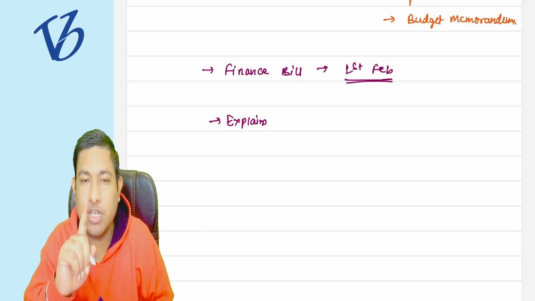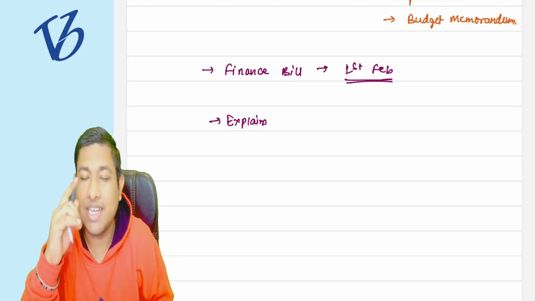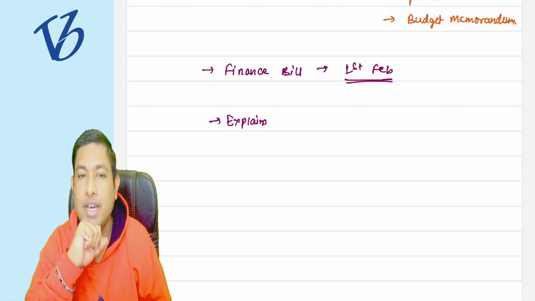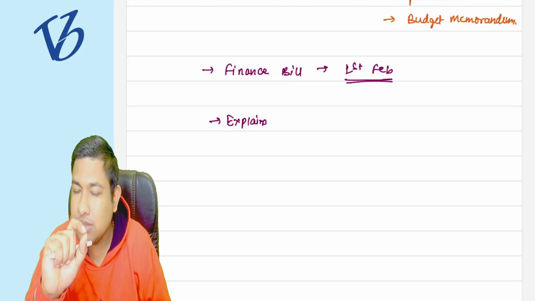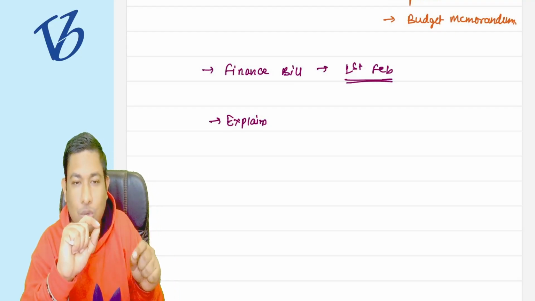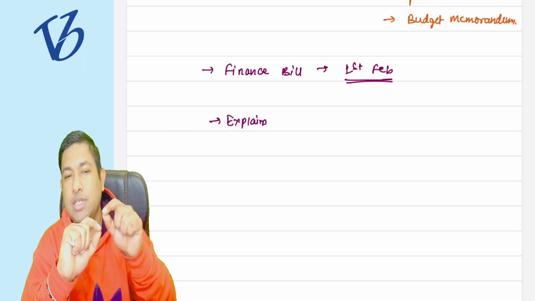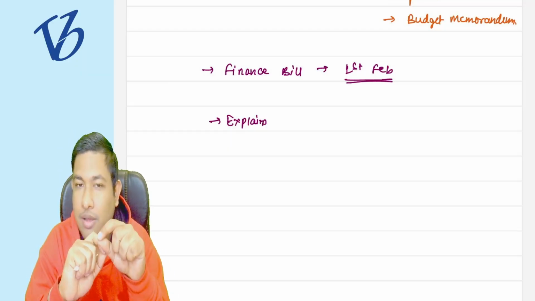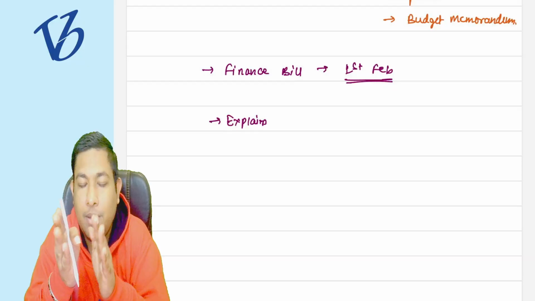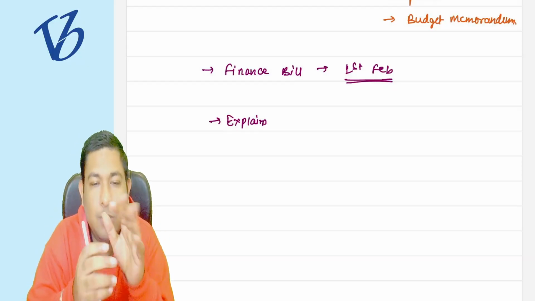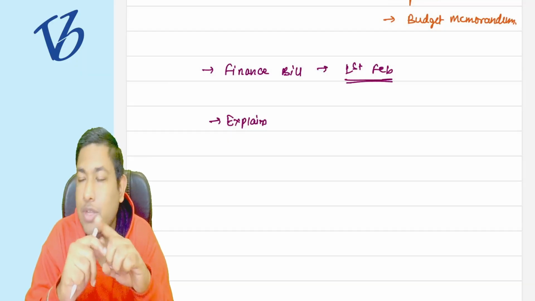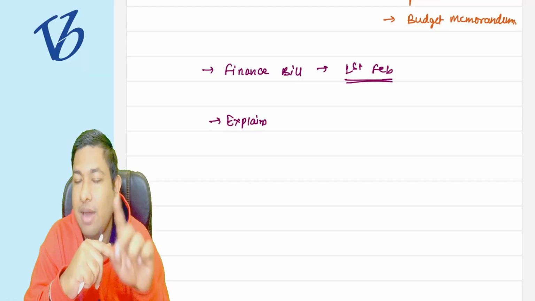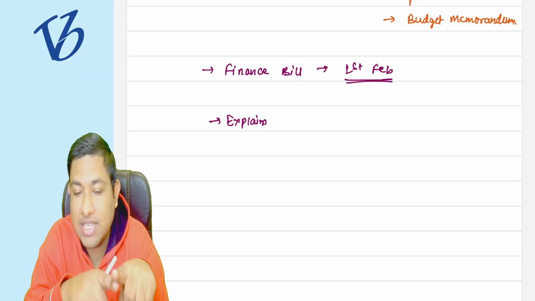So that speech is important to understand the intention of the lawmaker, because if we get to know what Nirmala Sitharamanji is saying by proposing a particular amendment in the act, we can understand the intention of the lawmaker in coming up with these amendments.